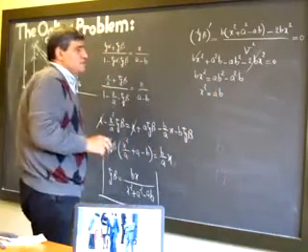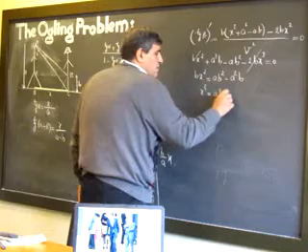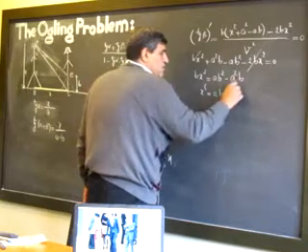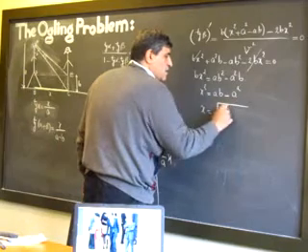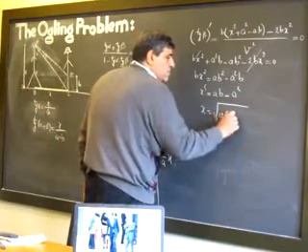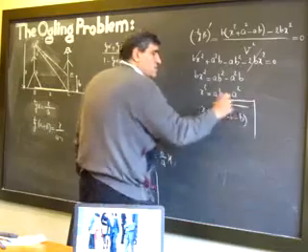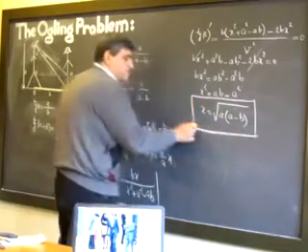I'm dividing by b both sides minus A squared. So x equals the radical of A times A minus B. This is the final answer.